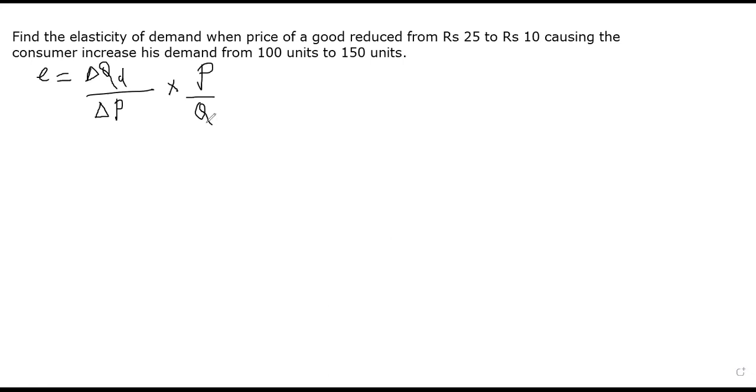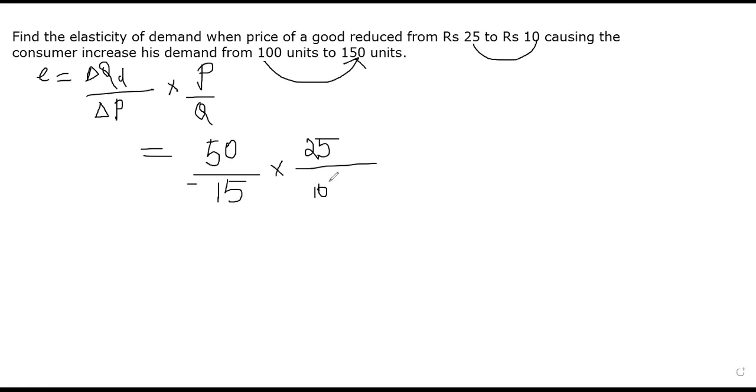Okay. Right. So change in quantity demanded is from 100 to 150. There is an increment of 50 units, right? The consumer has increased his consumption by 50 units, and due to the decline in price, obviously it is negative. From 25 to 10, there is a decline of 15 rupees, into initial price, which is 25, and initial quantity, which is 100.